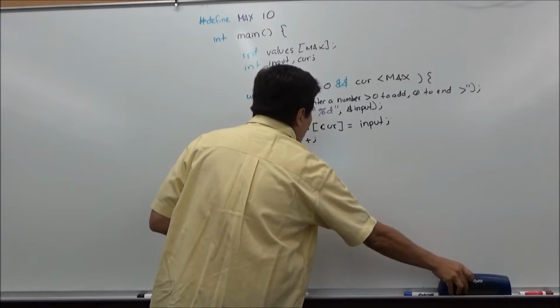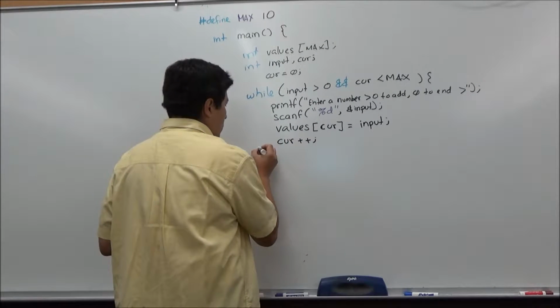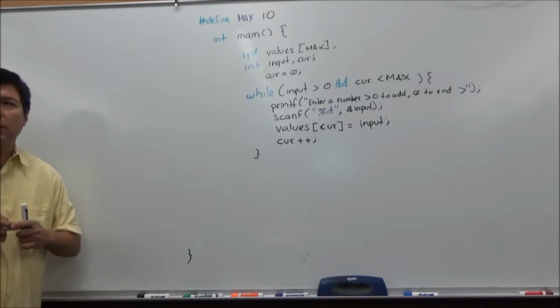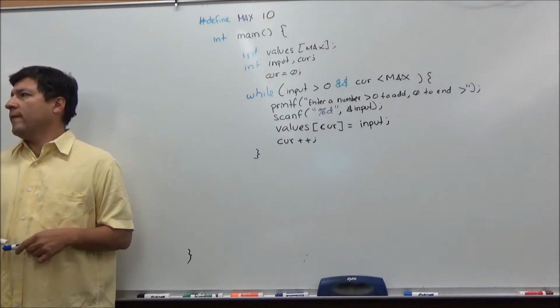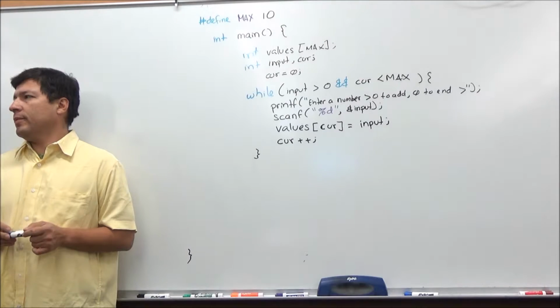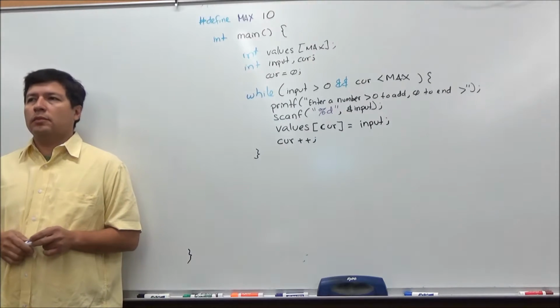Why don't I use a for loop? Can anyone tell me? Because for loops only execute once, and the while loop will be able to count all the way up to the max value.